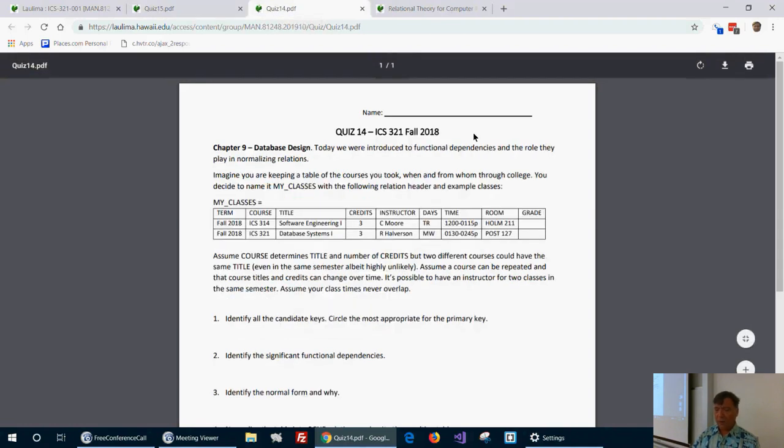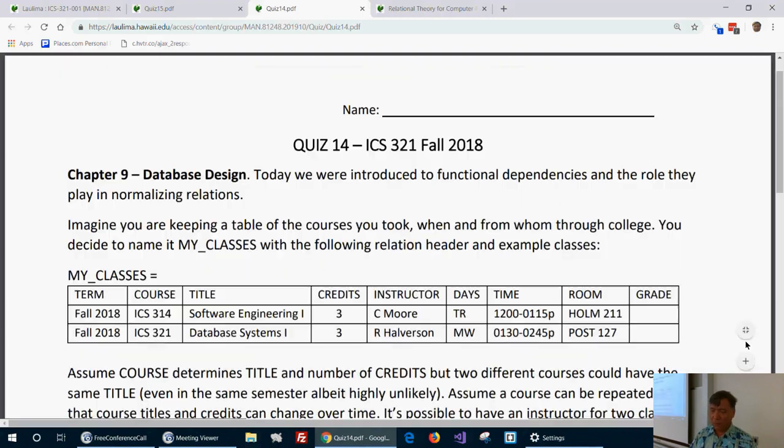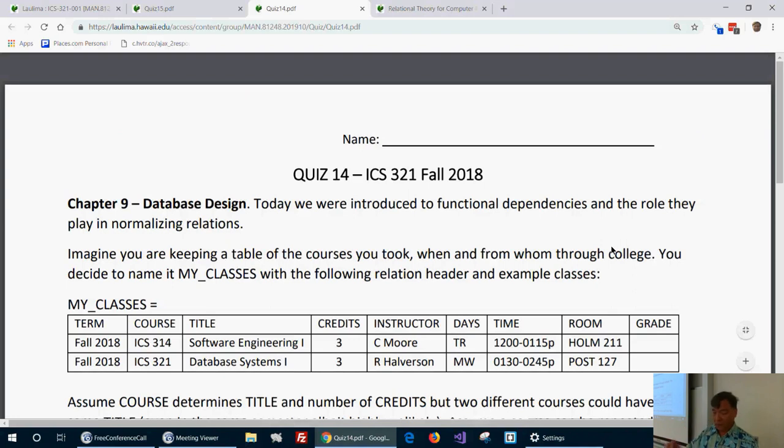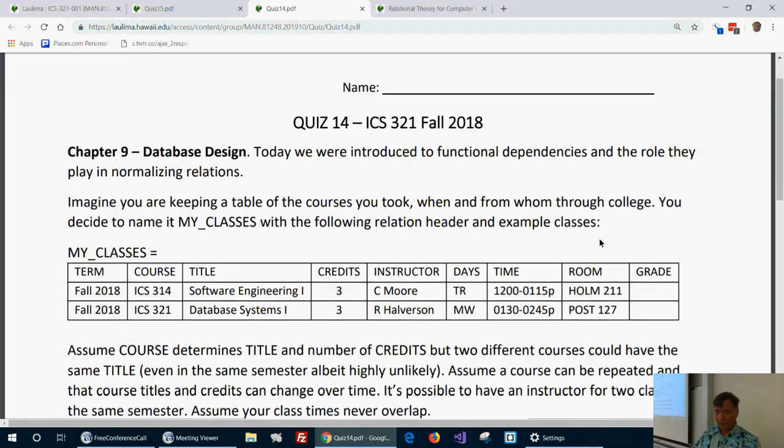So this is 14. This is a quiz that has evolved over the semesters, and I think this is a refined version of it. Imagine you're here at UH, and you decide that you want to keep your own transcript, your own record of all the classes that you've taken here until you graduate.